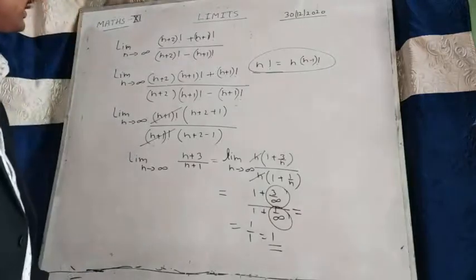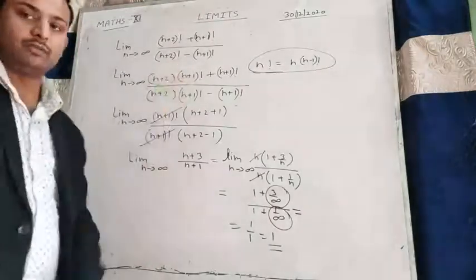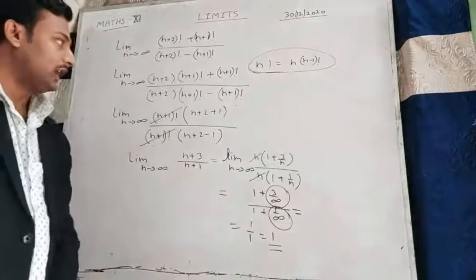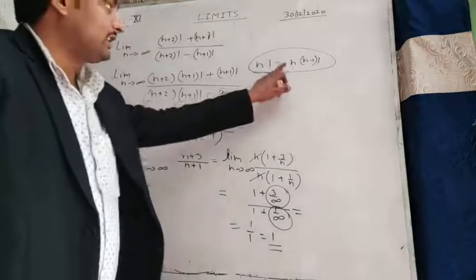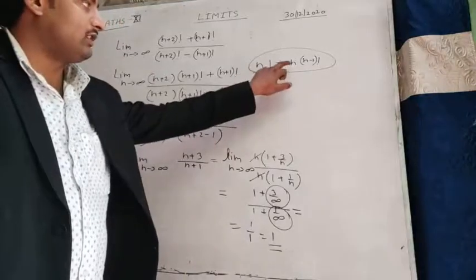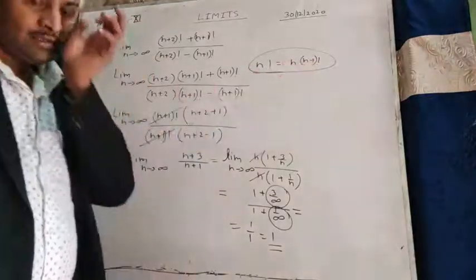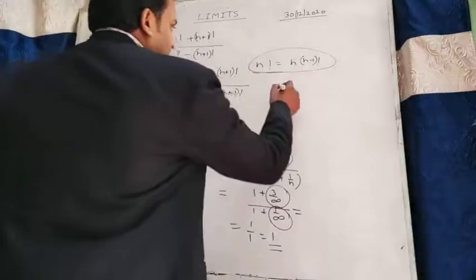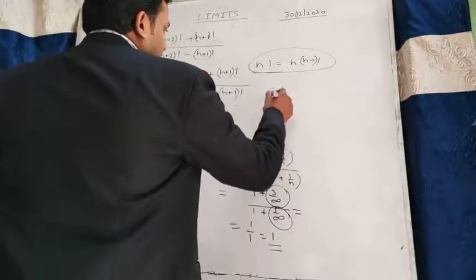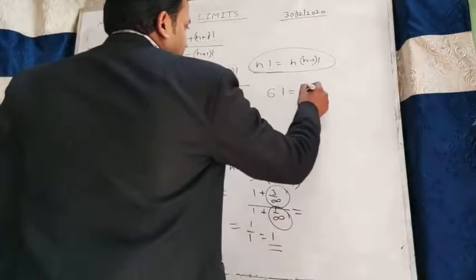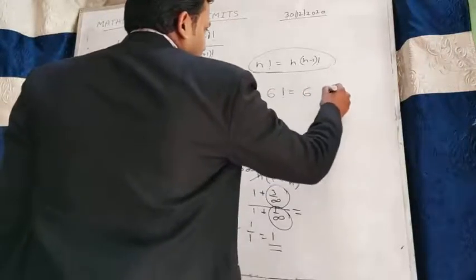In this question we are just using the concept of factorial notation, and you know factorial notation can be expressed like this: factorial n is equal to n times factorial n minus 1. Okay, suppose we take an example. If here is factorial 6, then we can write 6 times factorial 5.